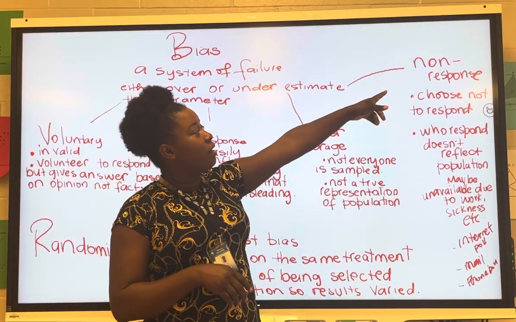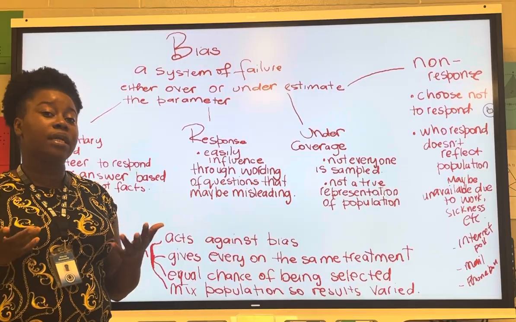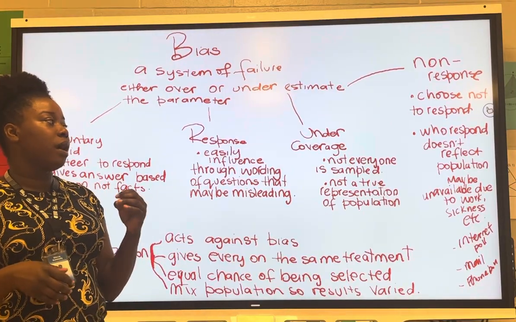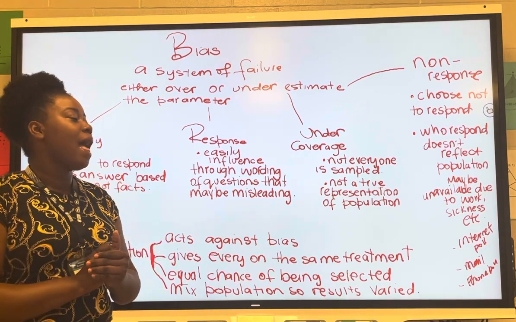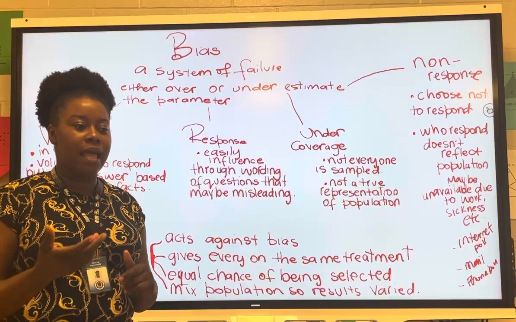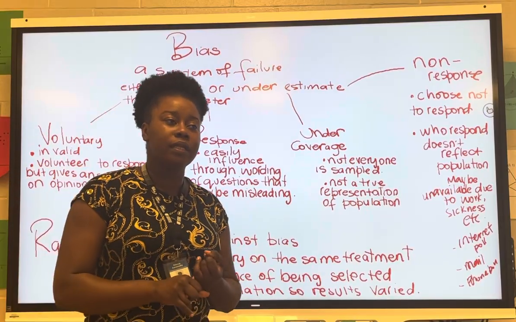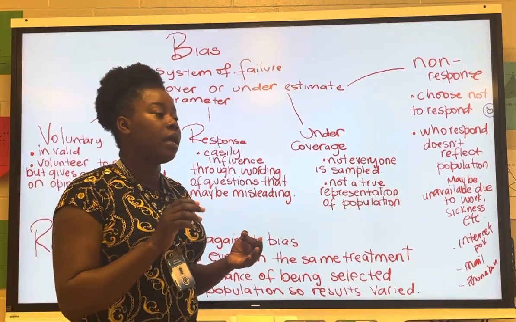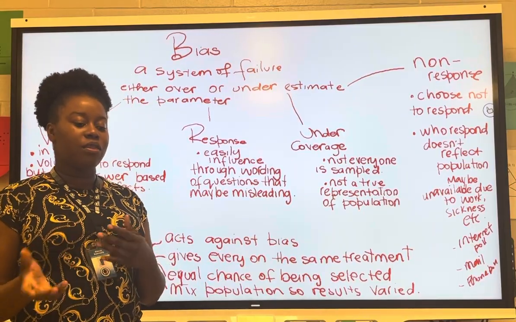All right, so the next one is non-response bias. These are people who choose not to respond for specific reasons, and so those who respond don't reflect the true or the entire population. This is mainly seen when you do phone polls or internet polls, or when you answer a survey through the mail.